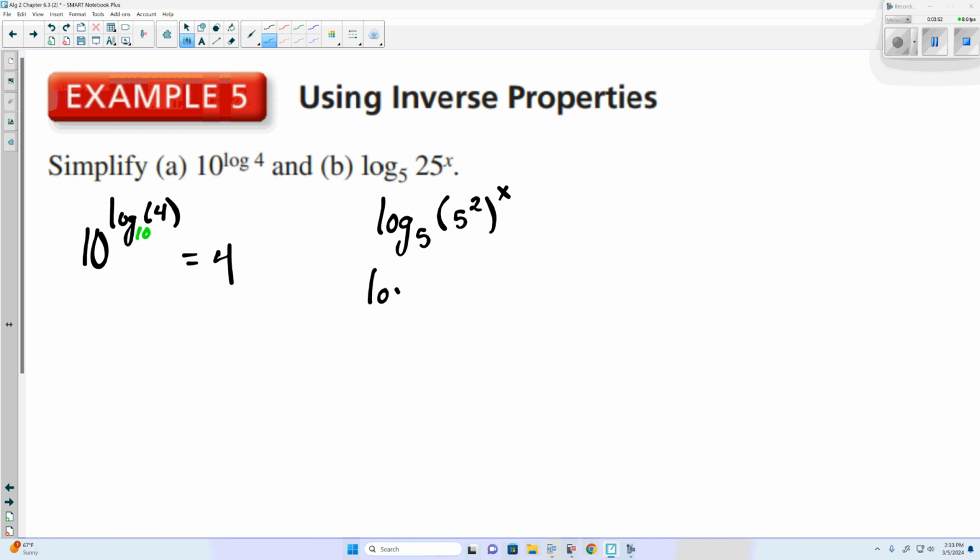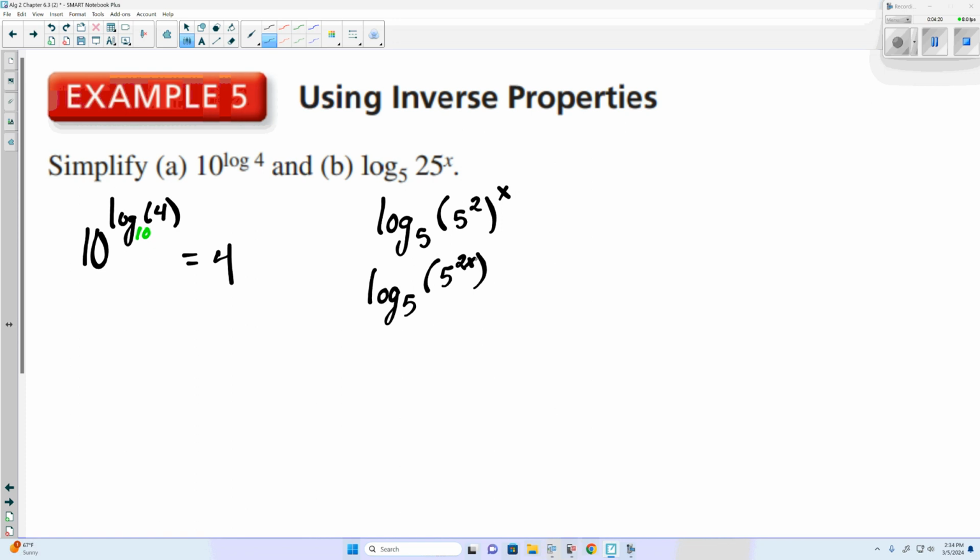But before we do that, because we have 5 squared, 5 to the second power, and that whole thing is to the x, yes? What did we say about powers of powers? They multiply. So it's the same as log base 5 of 5 to the 2x.